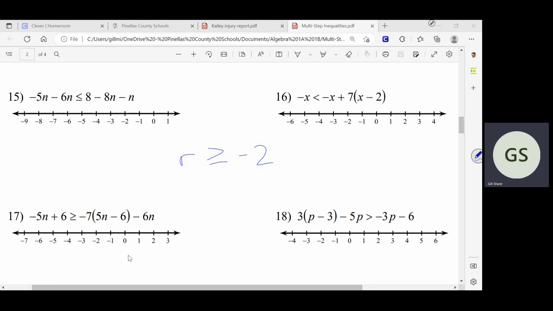That looks great. That's the trick. You do inequalities when we divide by a negative, and look at that too.